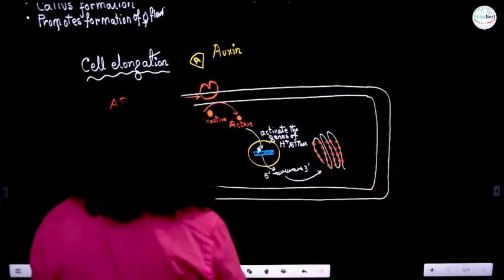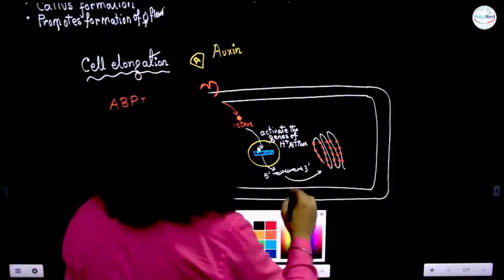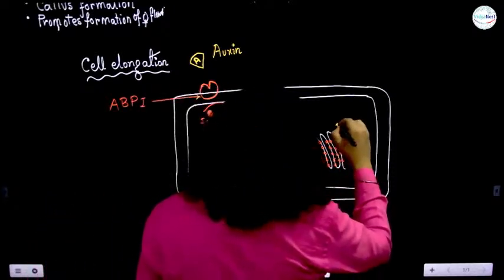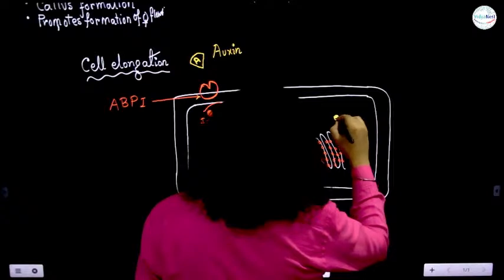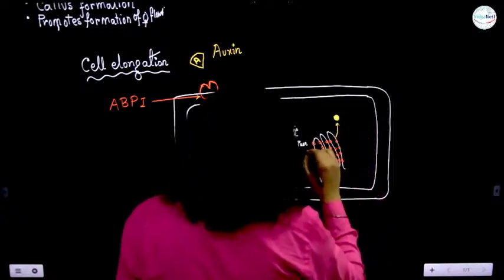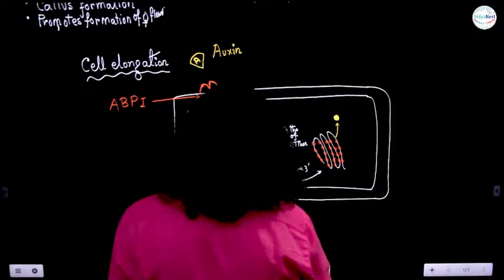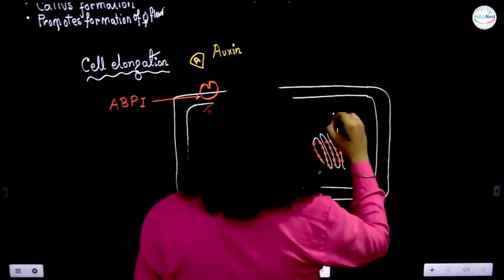Like this. So here what will happen? This particular protein will come up over here. This is the H plus ATPase protein.